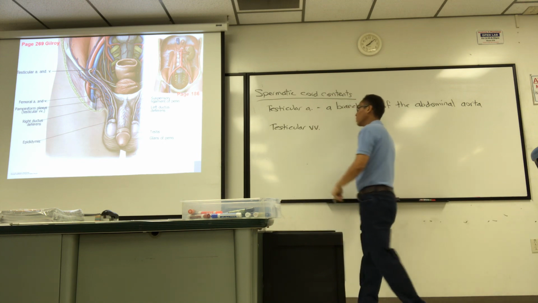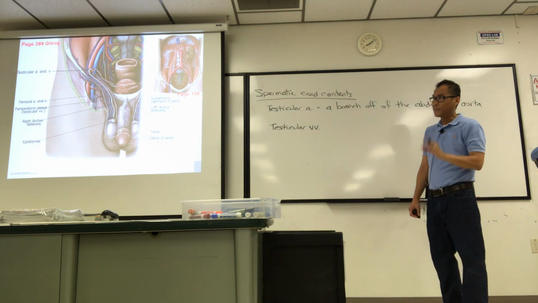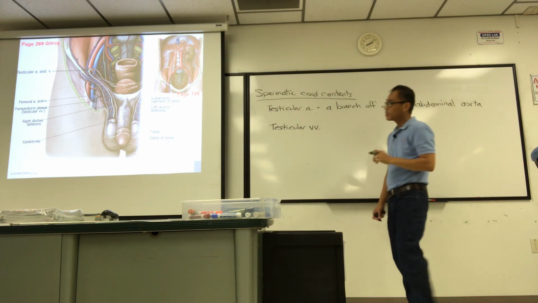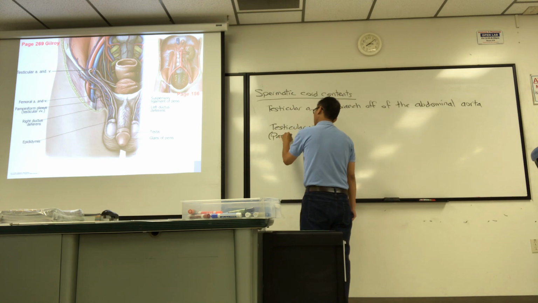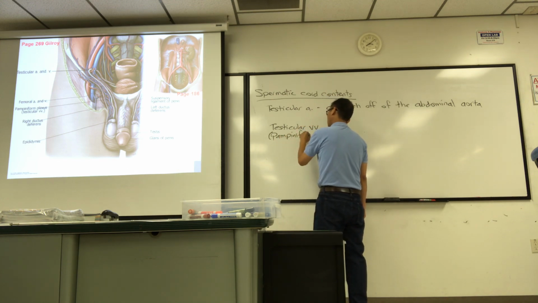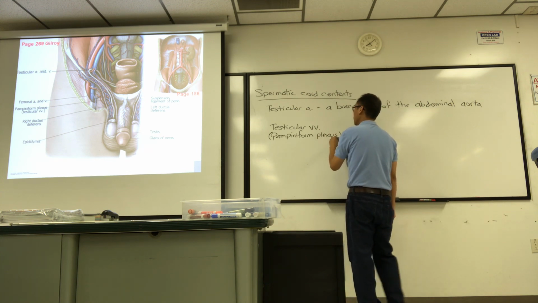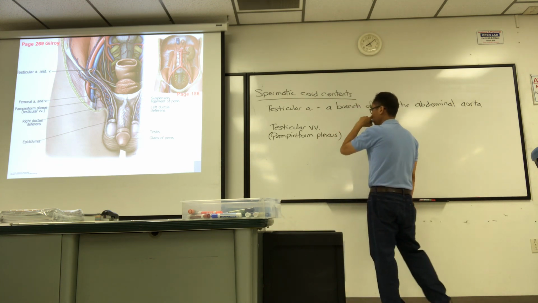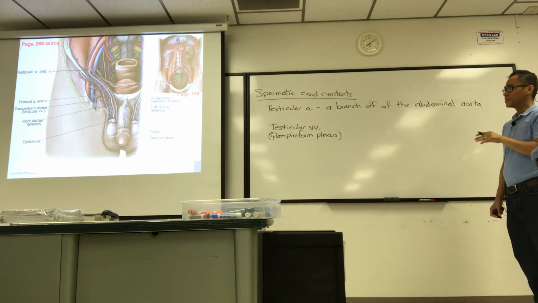VV is veins, plural. It's also known as the pampiniform plexus. So there's one testicular artery, many testicular veins.